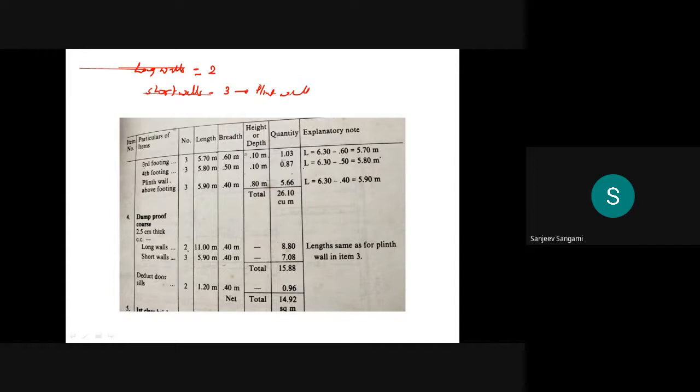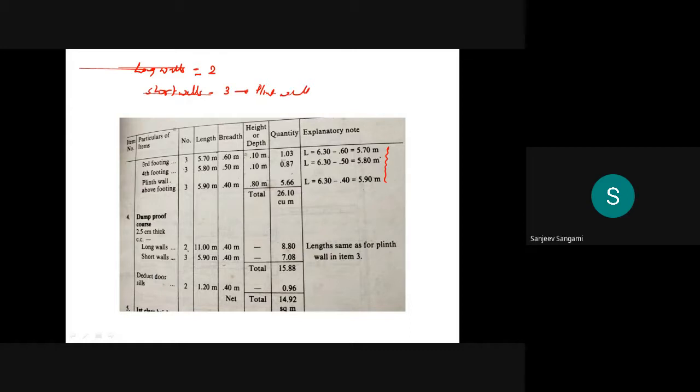So the only concept here is that whenever you're calculating for short walls, always you have to consider the reduction of the breadth, and there it will be addition of the depth. If that concept is clear, any problem you can solve.